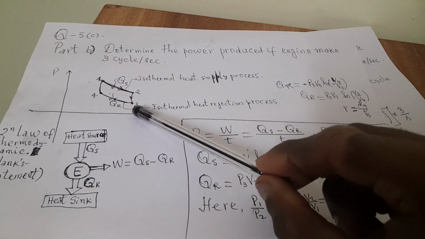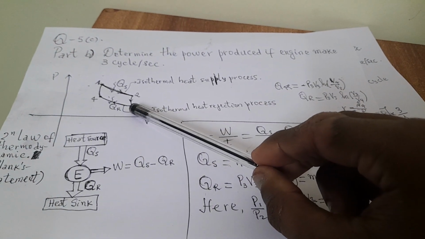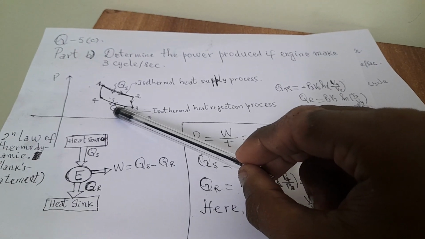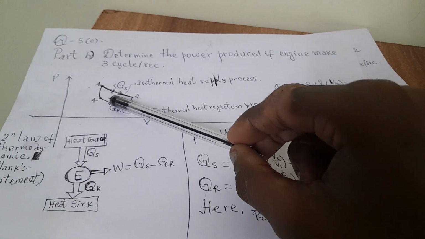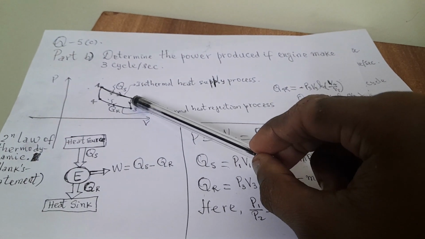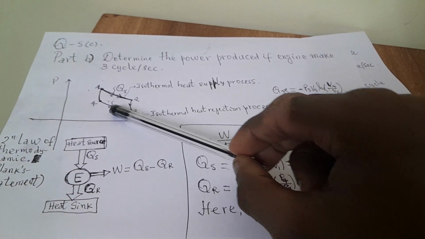See, here it is from 1 to 2, but here it is from 3 to 4. If you see here, they are opposing in direction. So you will consider the first one, the expansion direction, as the positive direction, and if this is opposing the positive direction, it will be negative.